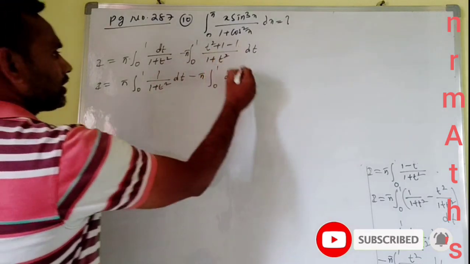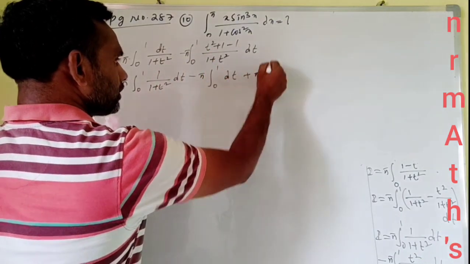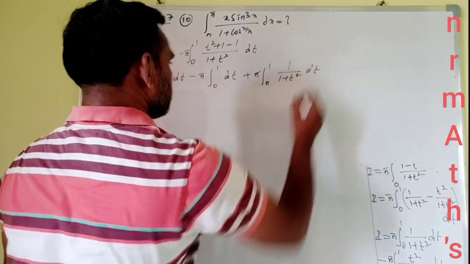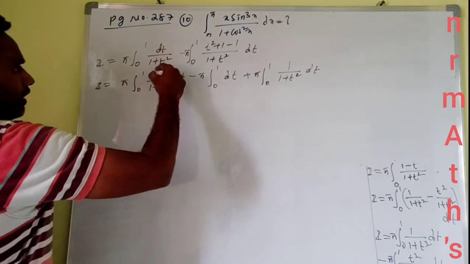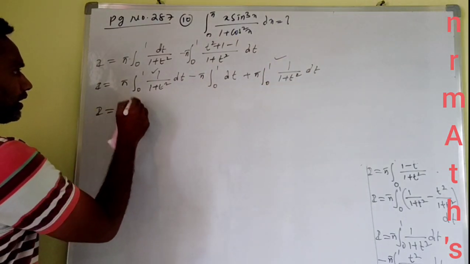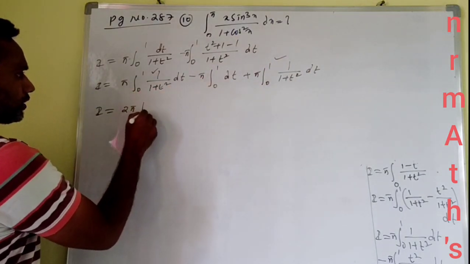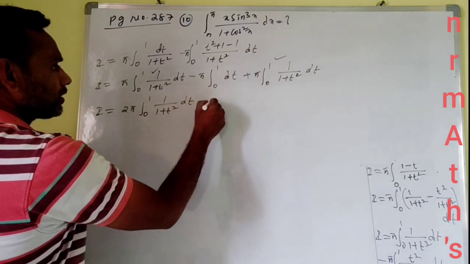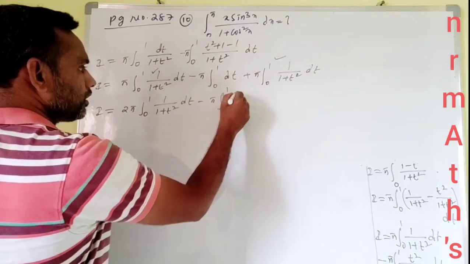Now minus minus gives plus pi into the integral from 0 to 1 of 1 by 1 plus t square dt. Look, 1 by 1 plus t square appears twice, so the answer is I is equal to 2 pi times the integral from 0 to 1 of 1 by 1 plus t square dt minus pi times the integral from 0 to 1 of dt.